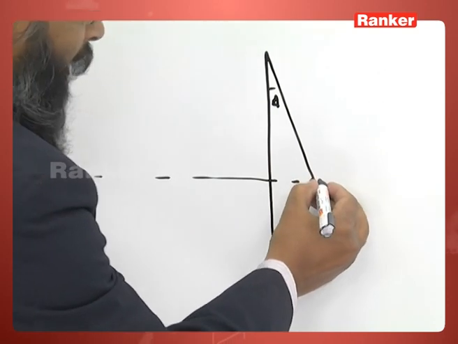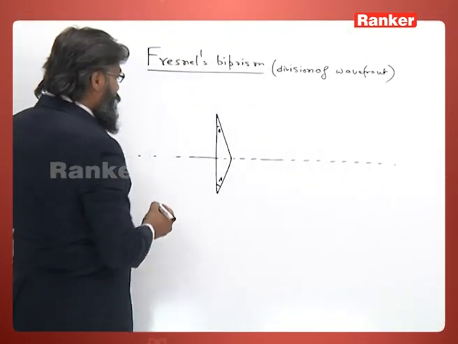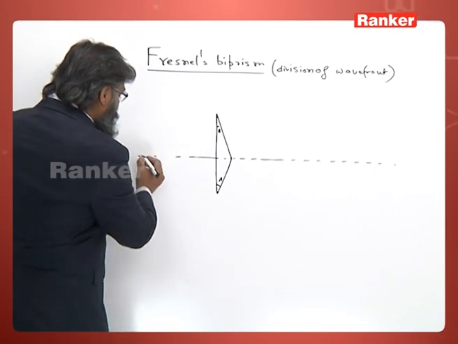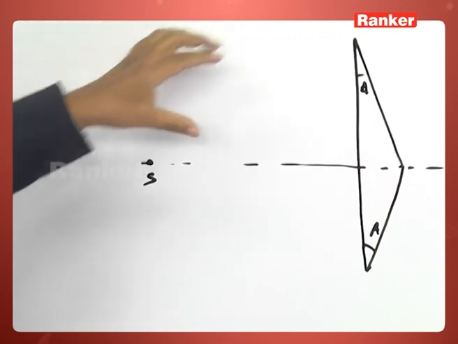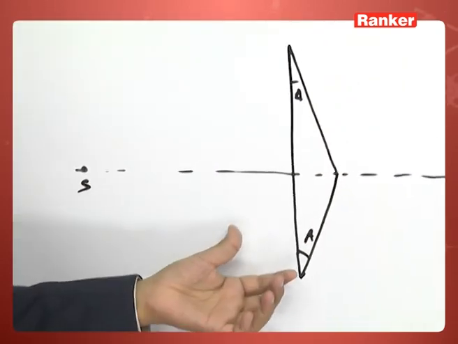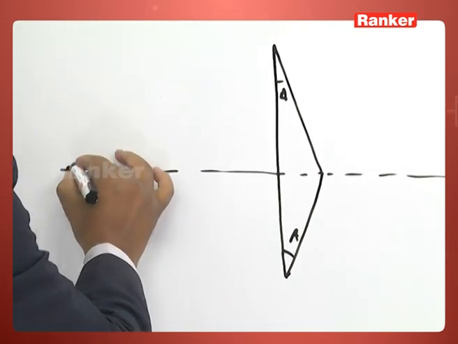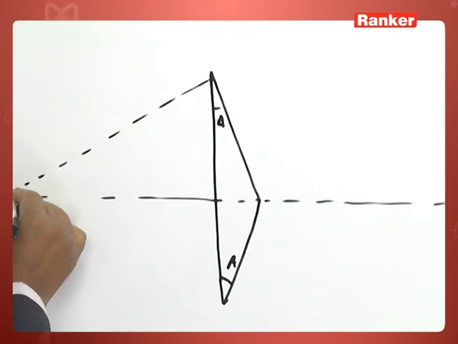So, in this experiment we take a source S, a point source, and the two halves of the biprism are used to produce two virtual images. So you see here a ray.